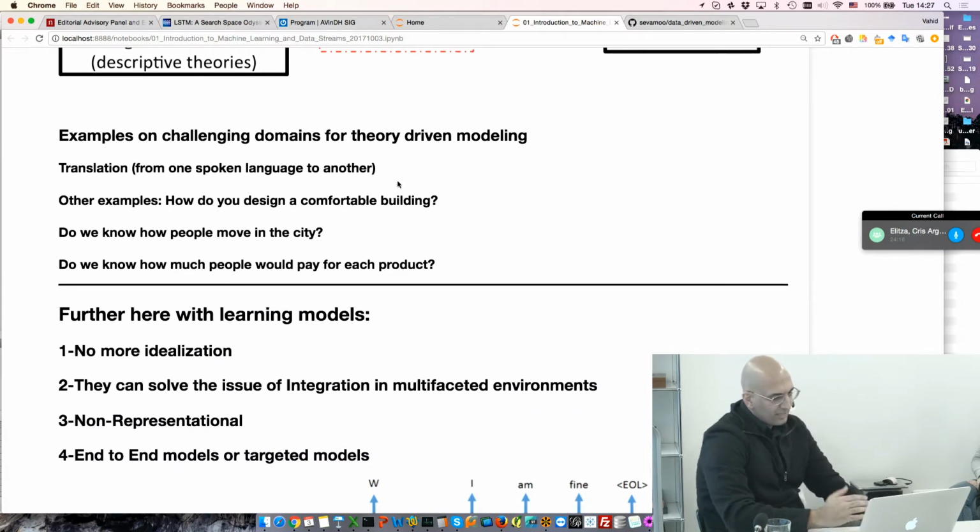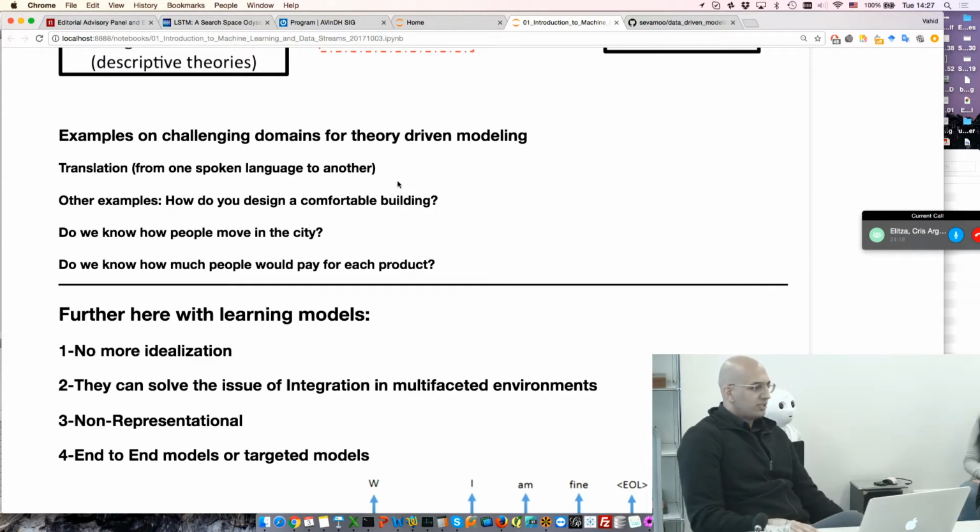So for example, again, a very arbitrary question: how do you design comfortable buildings? This could be a question for those people who are working on, I don't know, building energy or building physics, because they always start with the notion of comfort. They say, okay, this is the temperature that would be interesting for our nature, and there are no CO2 emissions and so on.